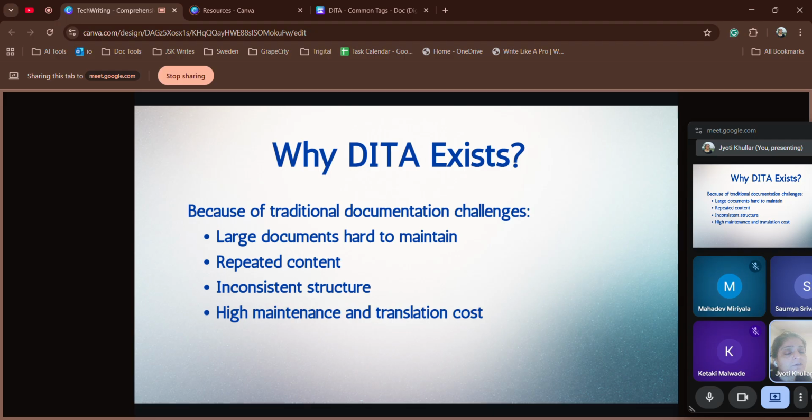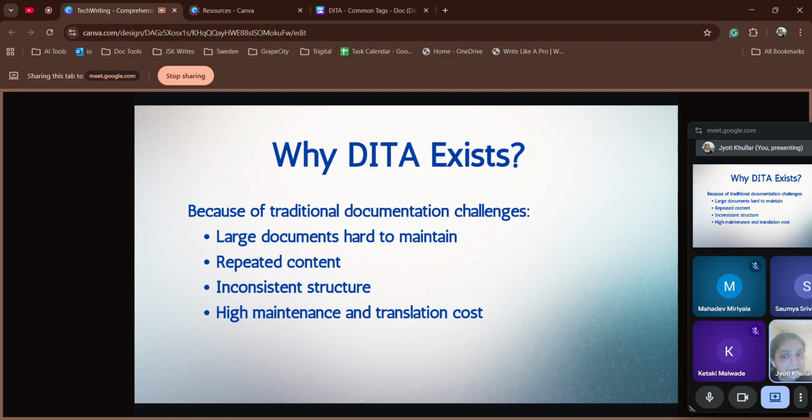And because there are three different documents, maybe three different writers are writing. Even if a single writer is writing, he has to take that common information from one document to the other or the third, or he will write it again, and there will be a discrepancy.